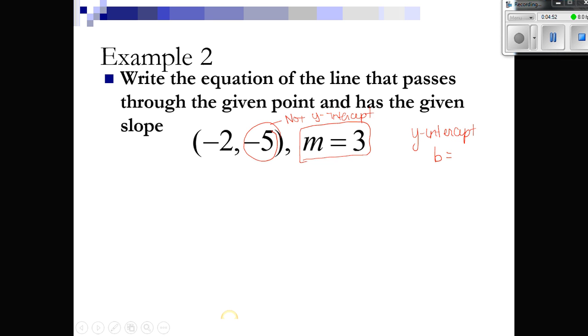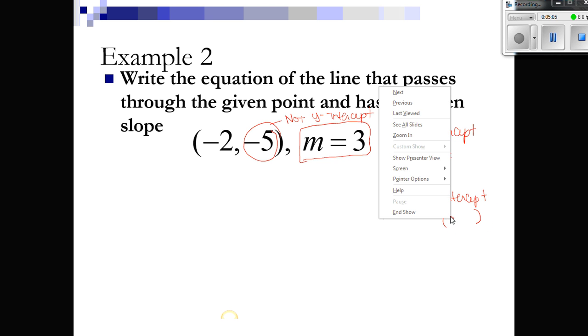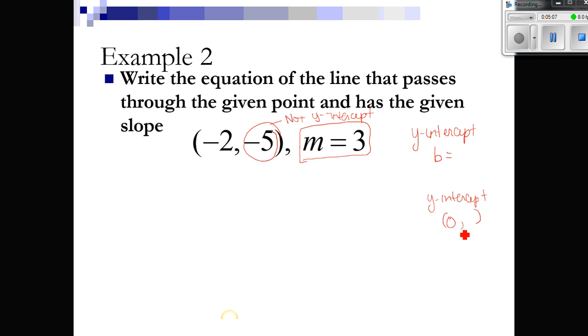And the reason I know that this is not your y-intercept is because a y-intercept is where it crosses the y-axis, and that coordinate or ordered pair would be 0, comma, a number. This is not 0, comma, a number. So this is actually a random point on the graph.